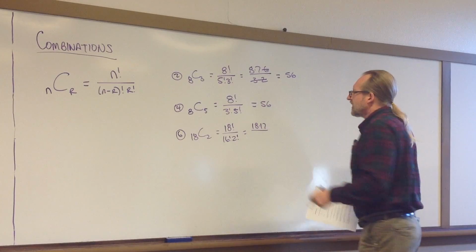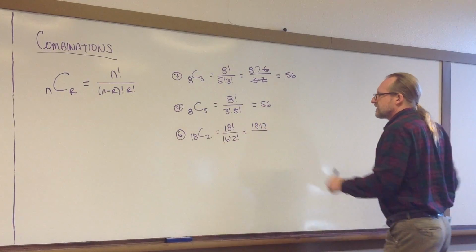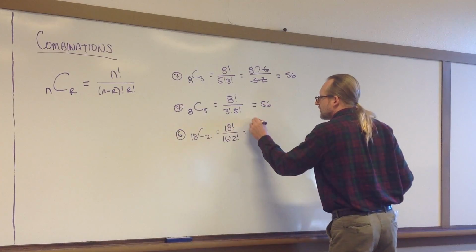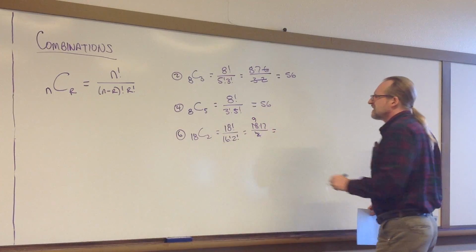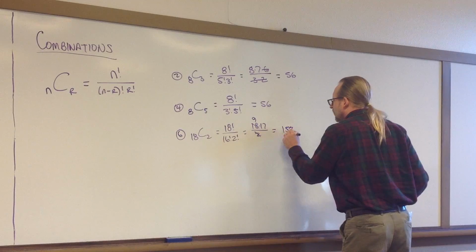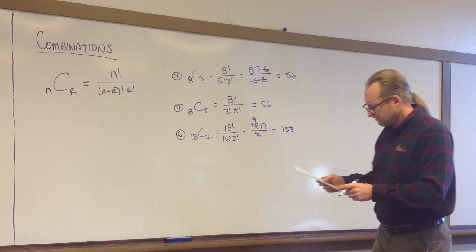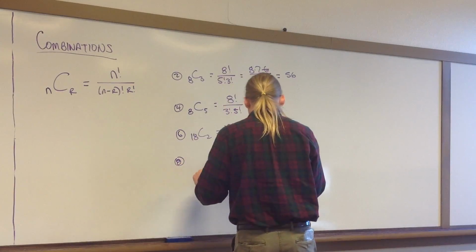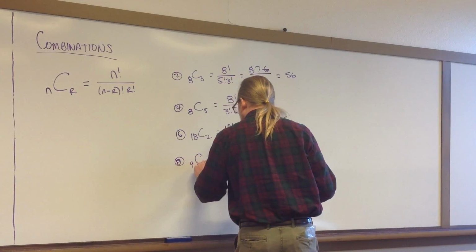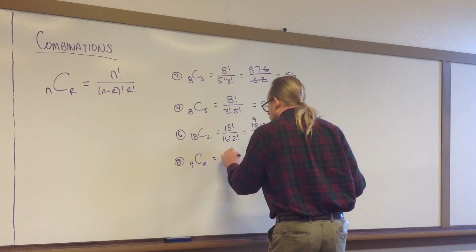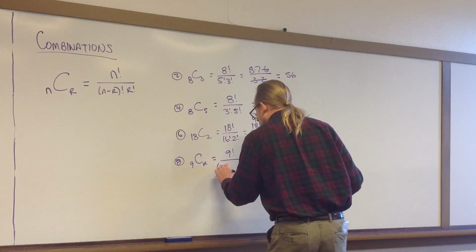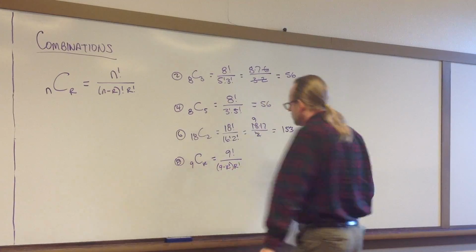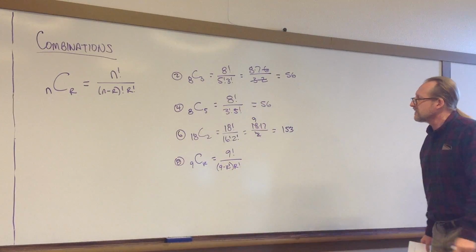So the 16 factorial will cancel out all the rest of that and just leave us with 18 times 17 over 2. 9 times 17, which I believe is 153. And then problem 8. Here we've got 9CR, and so the best we can do is just say that's 9 factorial over 9 minus R factorial times R factorial, and just leave it at that.